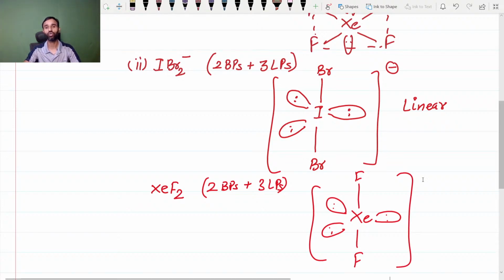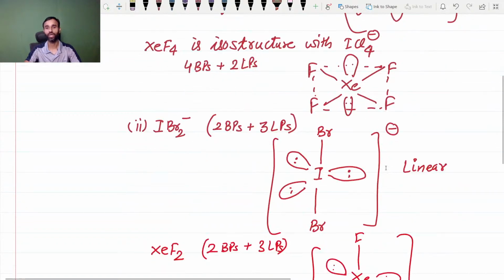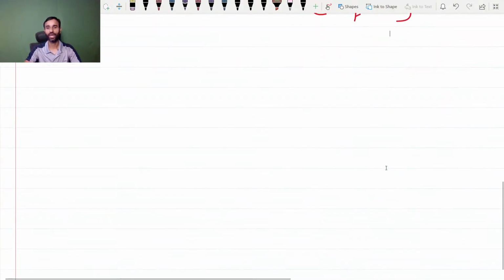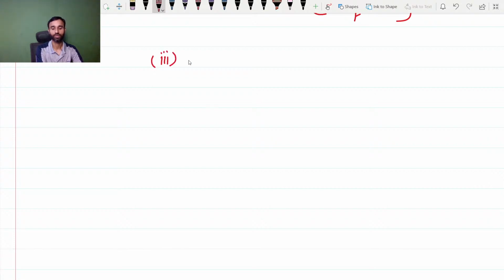The third one is BrO3 negative. In BrO3 negative, there are 3 bond pairs. Now there is a twist. Oxygen is divalent.